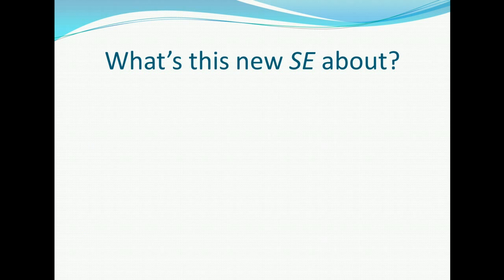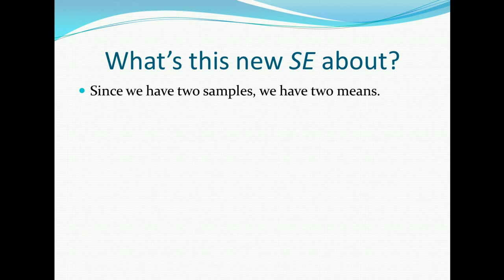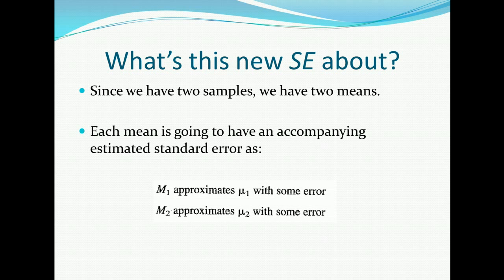So what's this new standard error about? So for two samples T, or two independent samples T, we have two means, and each mean is going to approximate mu with some error because they're independent samples. We're not talking about one sample anymore, we're talking about two independent samples. So mean 1 is going to approximate mu 1 with some error, and the mean 2 is going to approximate mu 2 with some error.